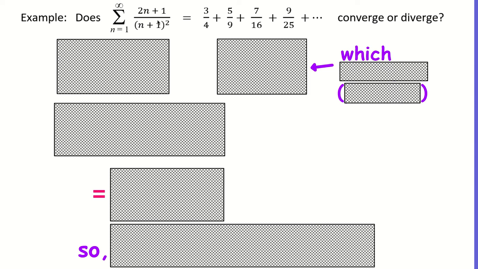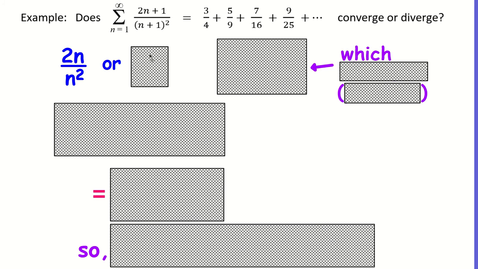It doesn't look like a p-series. You could try the integral test, blah, blah, blah, or direct comparison, but once you exhaust all those options, then maybe you get to a direct comparison or maybe a limit comparison, as long as these terms are positive.